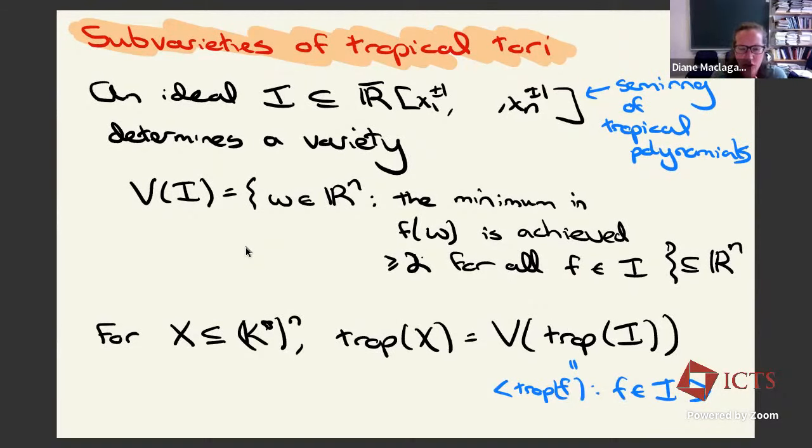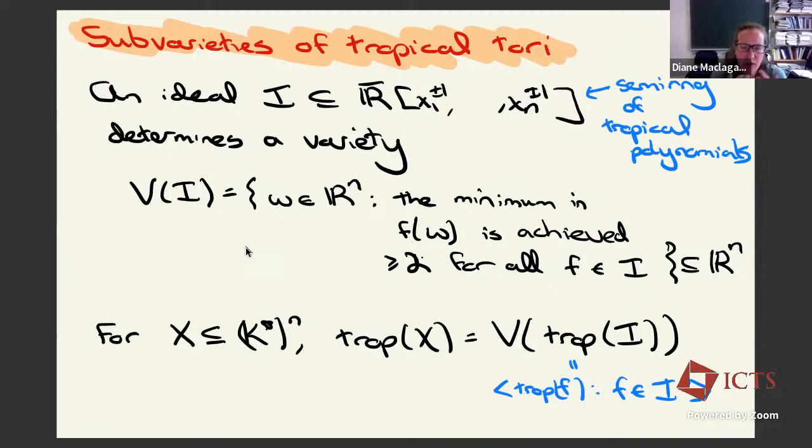if I start with a subvariety of a torus, then the tropicalization of X is just the variety of the tropicalization of I. By the tropicalization of I, I mean the ideal in the semi-ring of tropical Laurent polynomials generated by the tropicalization of all polynomials in the ideal. And this is just a restatement really of the previous definition.